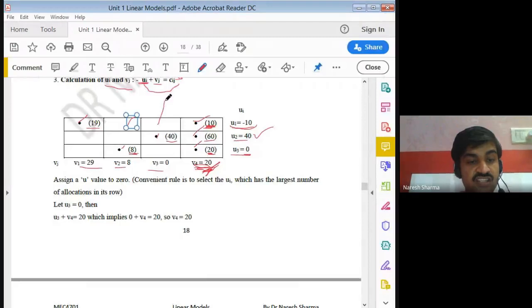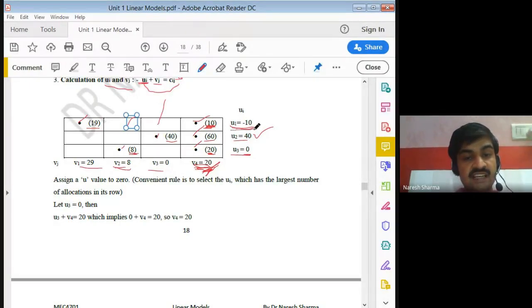Calculate for these locations. That is, 8 minus 10 is minus 2 here. So in the new table you write this 0 and minus 10, sum these here, that is minus 10. Similarly for this, it is 29 plus 40, which is 69.